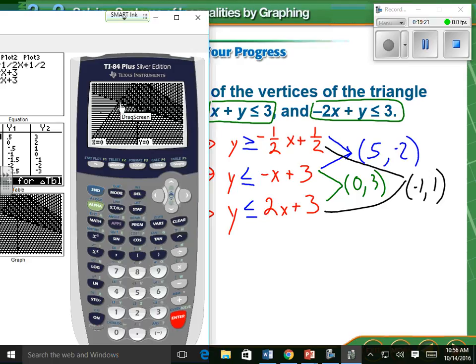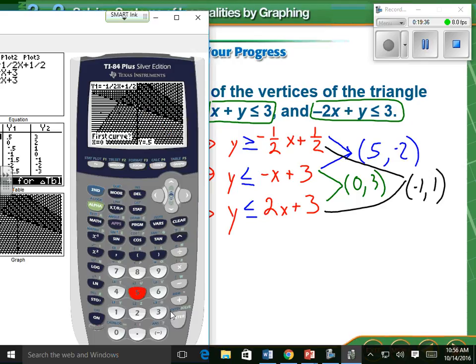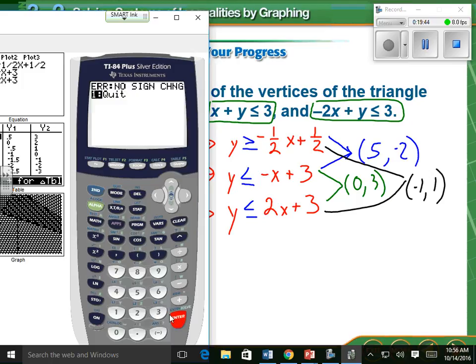So this would be the point negative 1, 1, I guess. Let's see what it does when I do second trace. First curve, second curve, but it's hard to tell. Okay, because it can't see the intersection point, so scratch that.